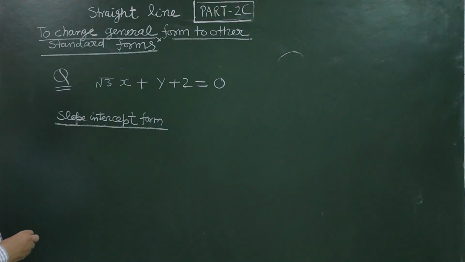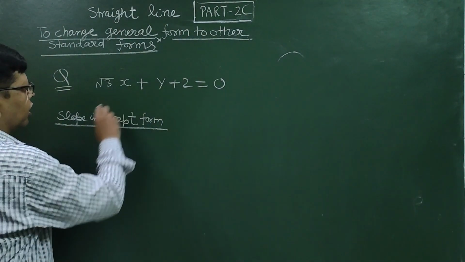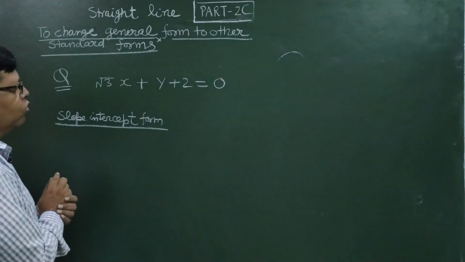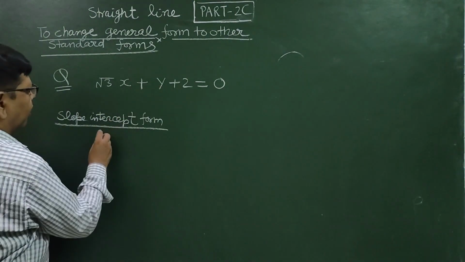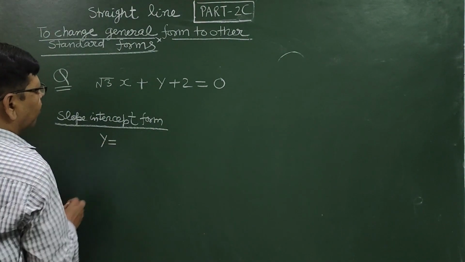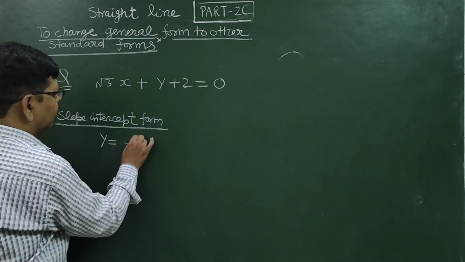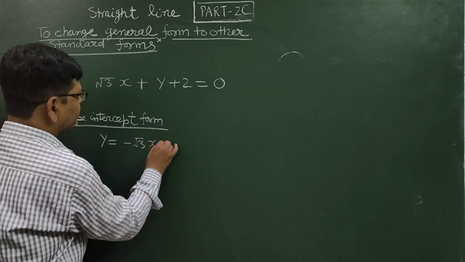For slope-intercept form, we need to transpose all the values except y. So if I transpose both these values to the right hand side, y is equal to minus root 3x minus 2.